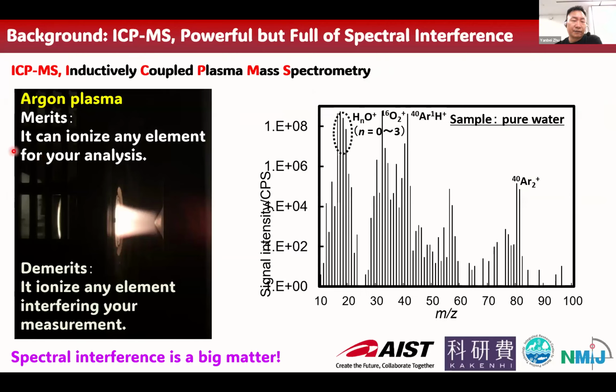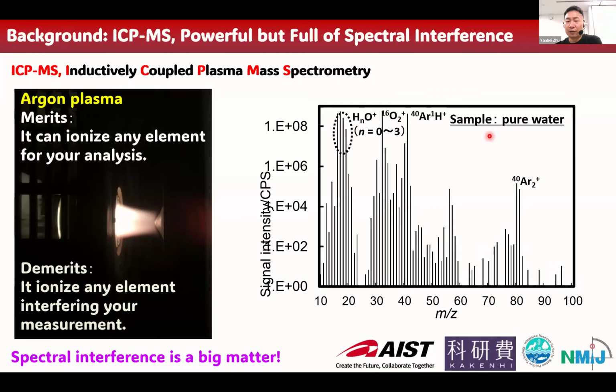The reason is that the argon plasma provides the merit that it can ionize any element for your analysis due to its high temperature over 6,000 K. It also has the demerit because it also ionizes any element interfering with your measurement.